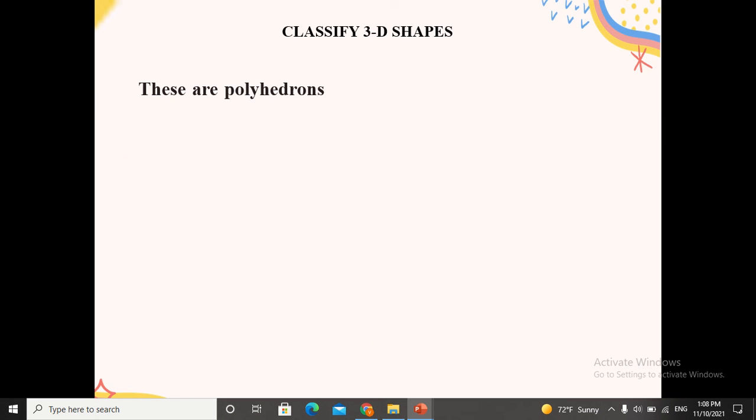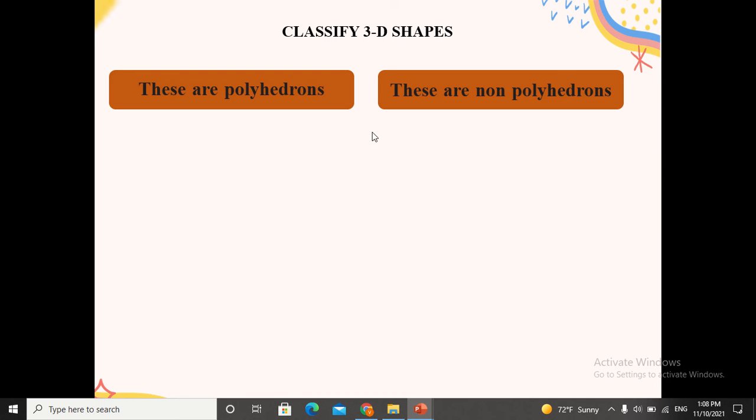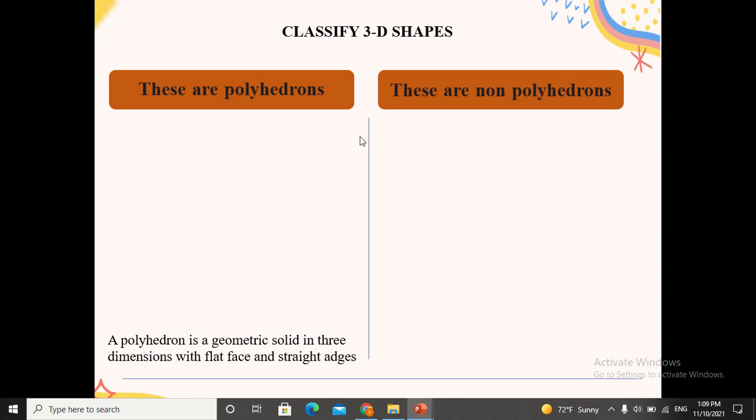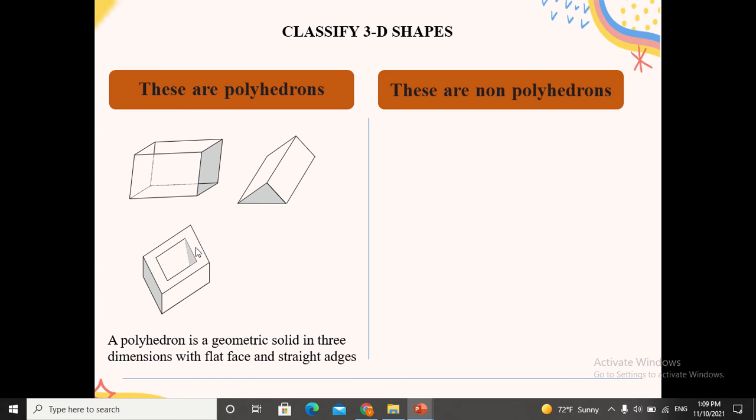Classify 3D shapes. 3D shapes are classified as polyhedrons and non-polyhedrons. A polyhedron is a geometric solid in 3 dimensions with flat faces and straight edges. These are polyhedrons. Examples of non-polyhedrons: cone. A cone has one circular base and a lateral surface.